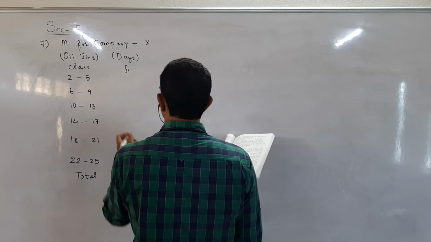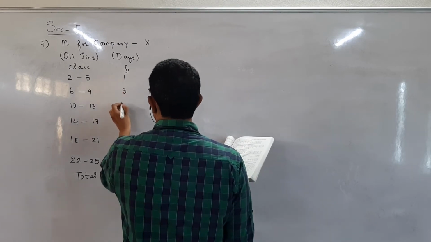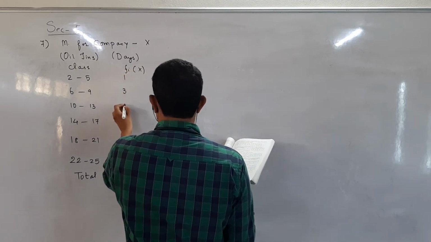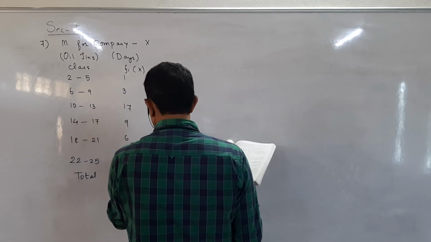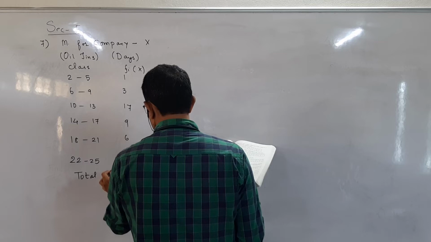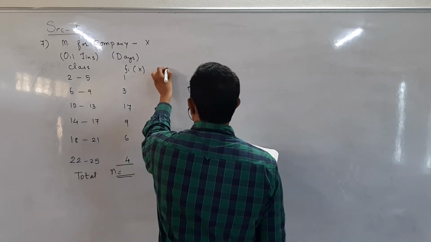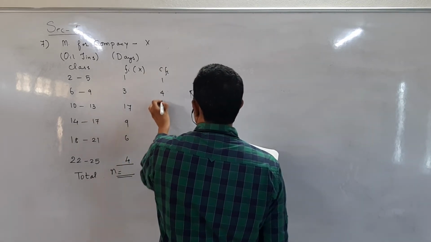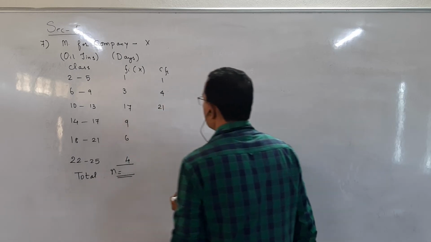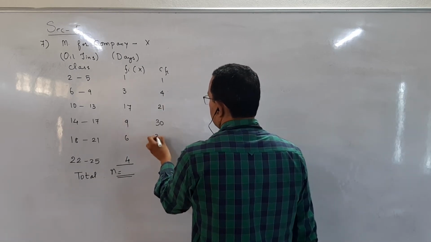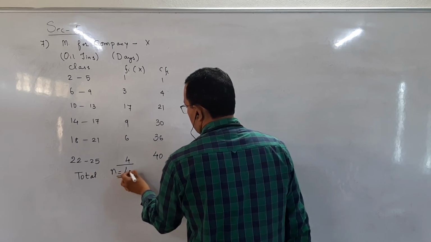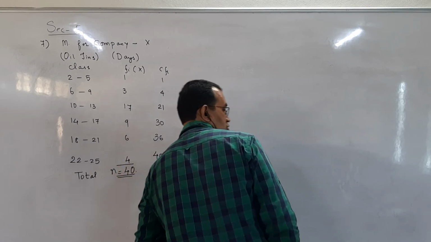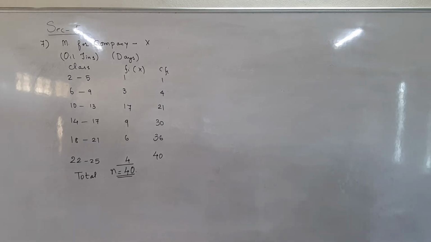And the frequencies for X are 1, 3, 17, 9, 6, and 4. So we make the column of CF: 1, 4, 21, 30, 36, and 40. So the total of frequency is 40.